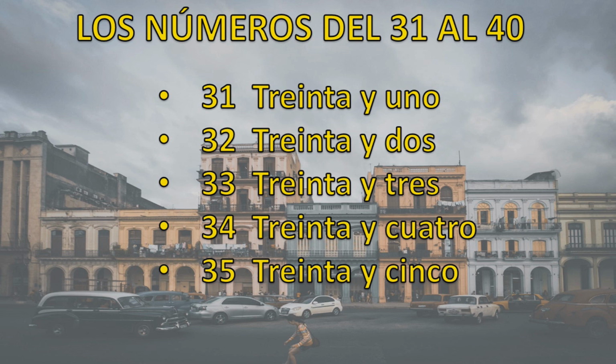In this case, I have 3 words. And it's even easier because the only thing I have to do is keep the same word, 30, then add the conjunction y, and I say 1, 2, 3, 4, 5: 31, 32, 33, 34, 35, and the same with the rest.